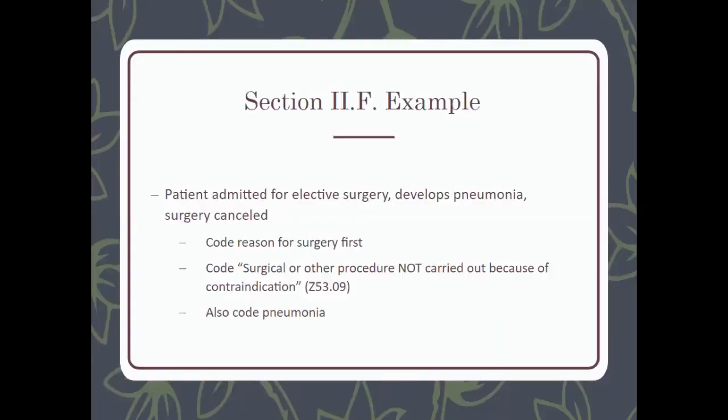Section 2F, example. A patient admitted for elective surgery develops pneumonia, and the surgery is canceled. Code the reason for the surgery first, then code surgical or other procedure not carried out because of contraindication. I can never say this word right.